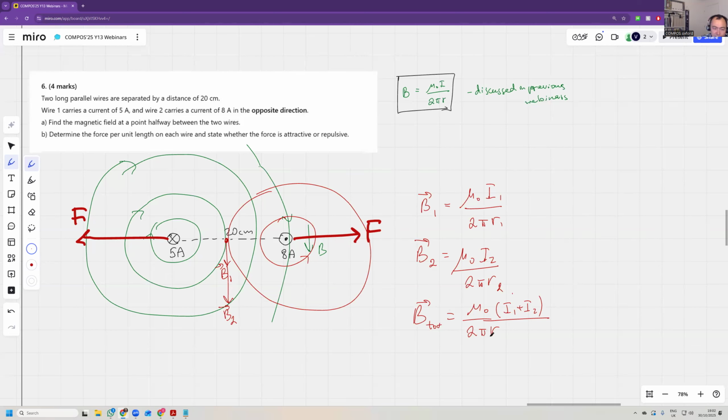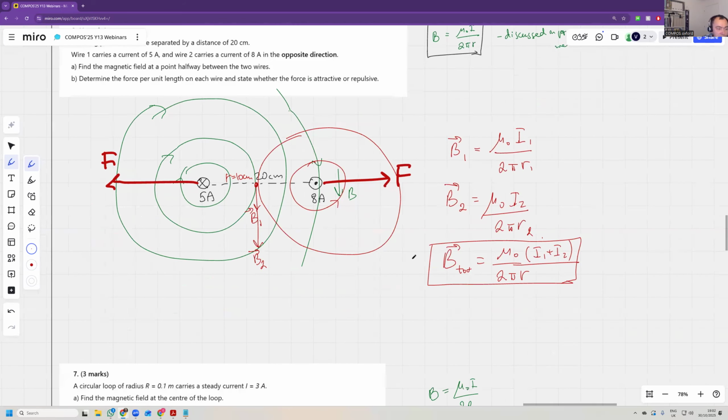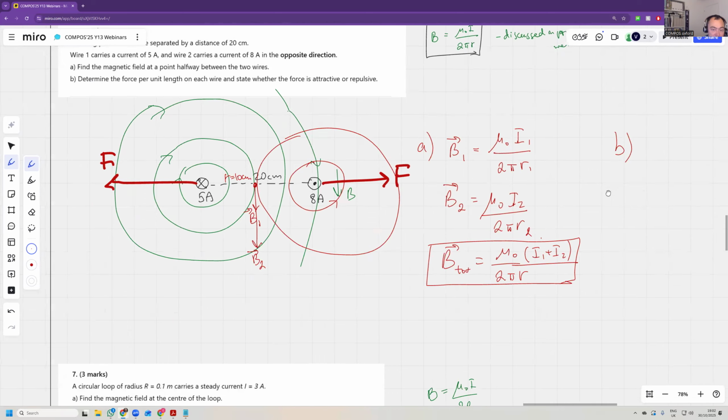So that's the magnetic field. You can substitute the numbers, but that's not important. R is, in this case, 10 centimeters. Determine the force per unit length on each wire. State whether the force is attractive or repulsive. So the force is repulsive.